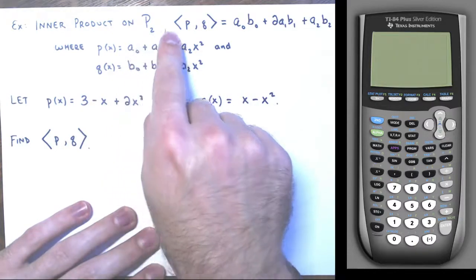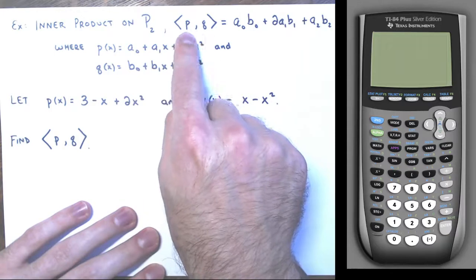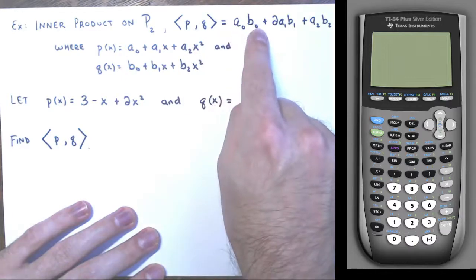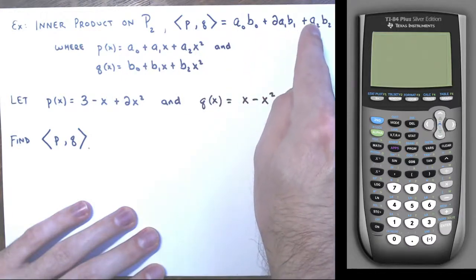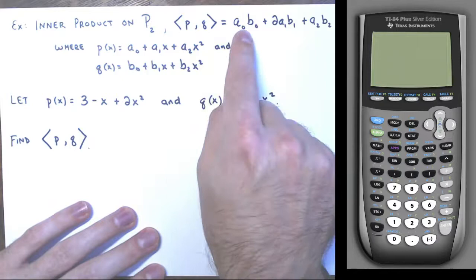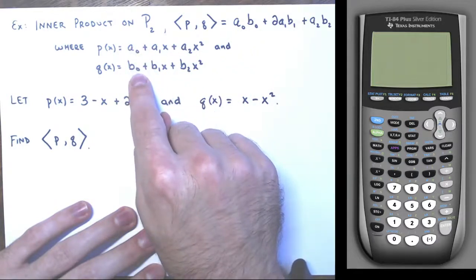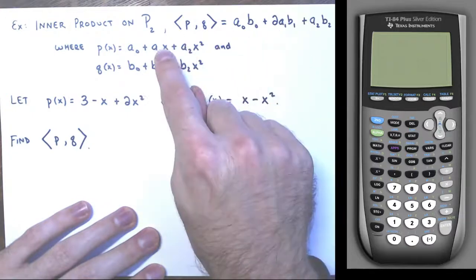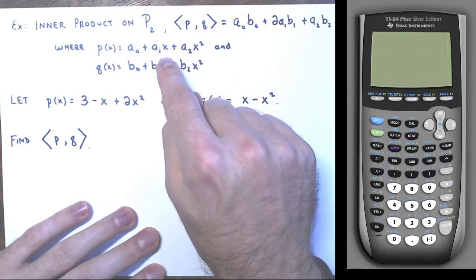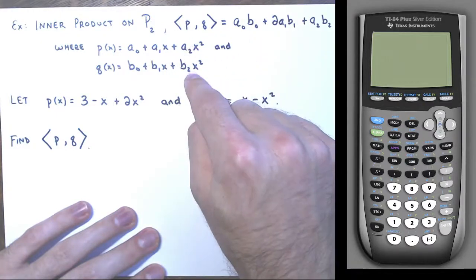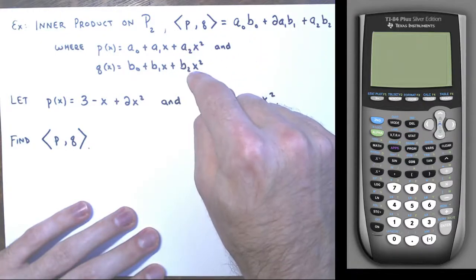Where p and q are polynomials of degree 2 or less, and the inner product of p and q is a0 b0 plus 2 a1 b1 plus a2 b2, where a0 and b0 are the constant terms of p and q, respectively. a1 and b1 are the linear coefficients of p and q, respectively, and a2 and b2 are the quadratic coefficients of p and q, respectively.